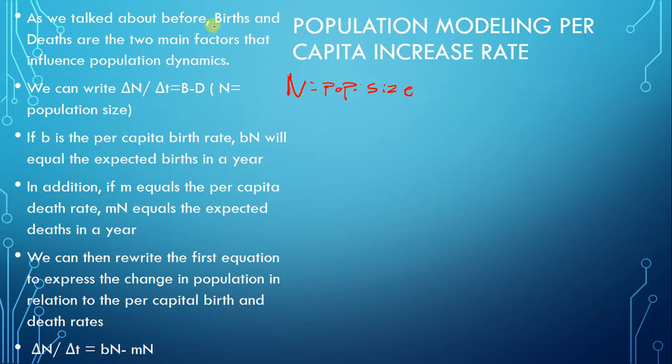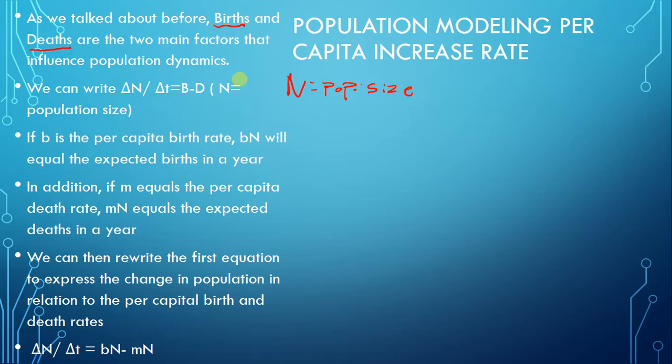Births and deaths are the two main factors that influence population dynamics. One assumption we're going to make for this mathematical modeling is that emigration and immigration don't significantly increase or reduce our population size.